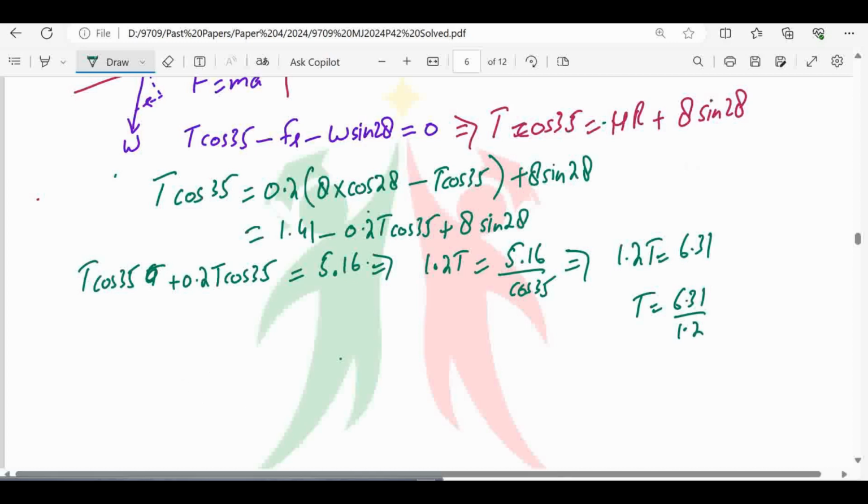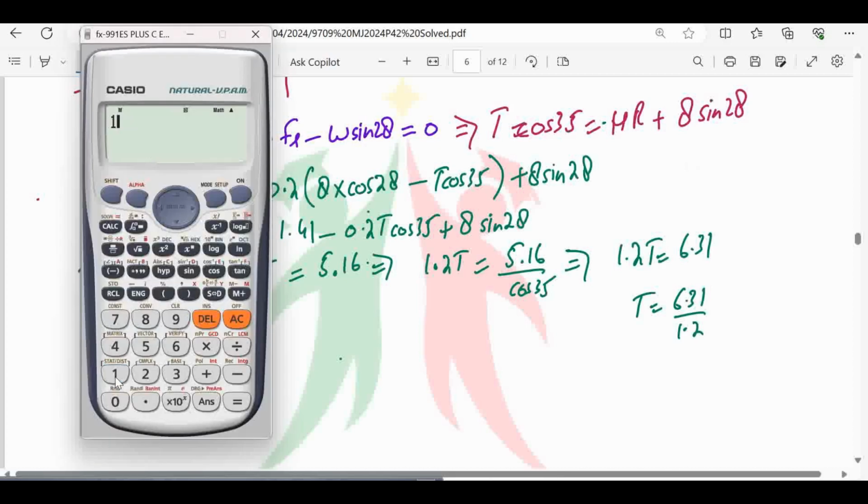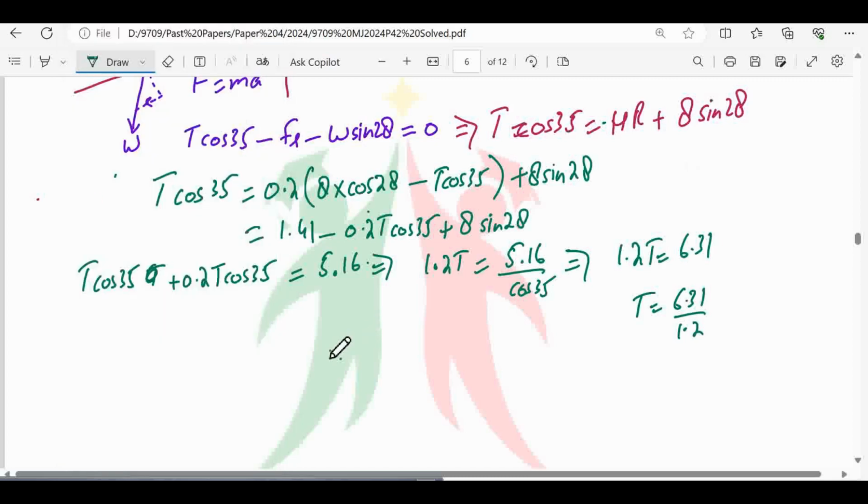So divided by 1.2, okay, answer is 5.25. So which means 5.26 will be the final answer. T is equal to 5.26 newtons for the greatest value.